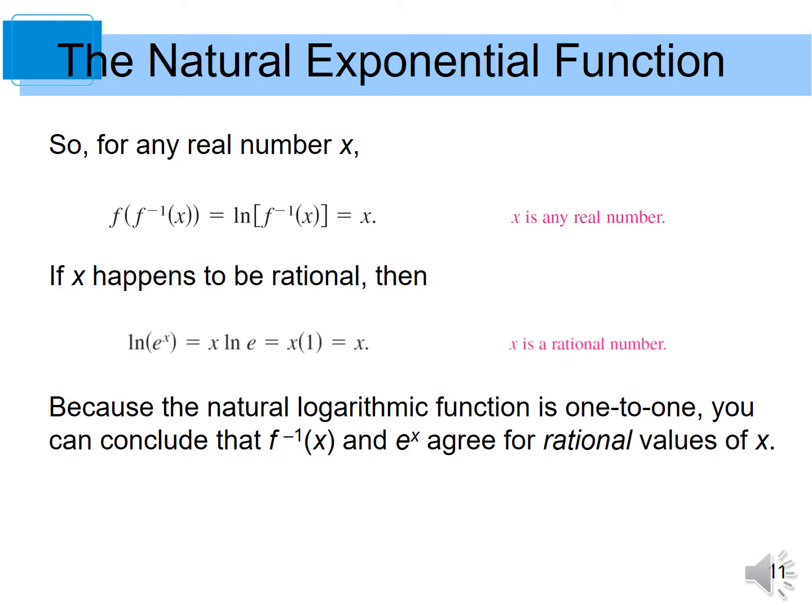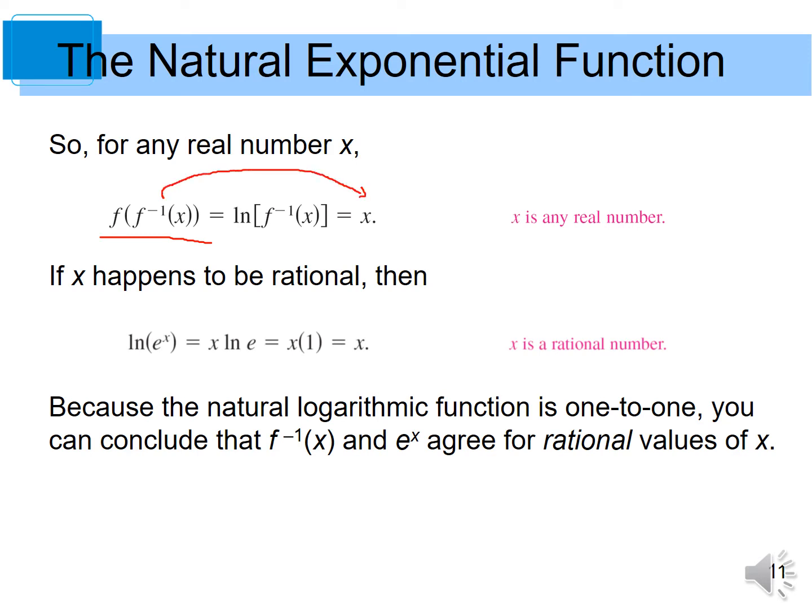In the first chapter, you have studied composite functions and inverse functions. Look at this part. This is a composite function involving the original function and its inverse function. And you see the answer is equal to x.